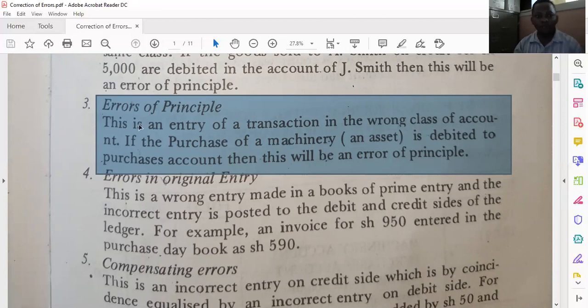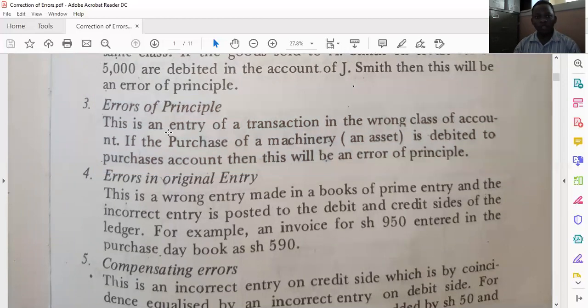So for instance, if the purchase of machinery, which is an asset, is debited to the purchases account, this will be an error of principle. So in this case, machinery is an asset, purchases is an expense. So those are two different classes of accounts, an asset and an expense. But in this case, we find that we still made a debit.